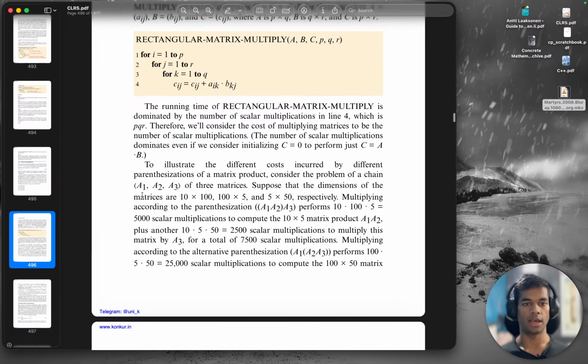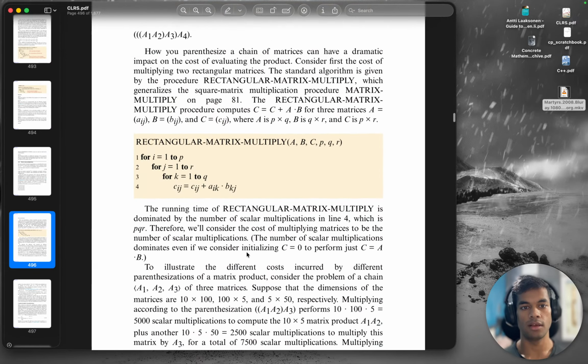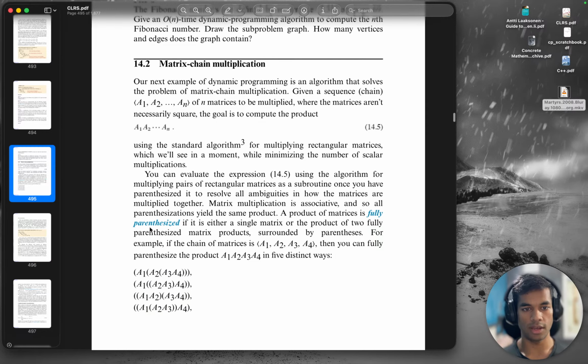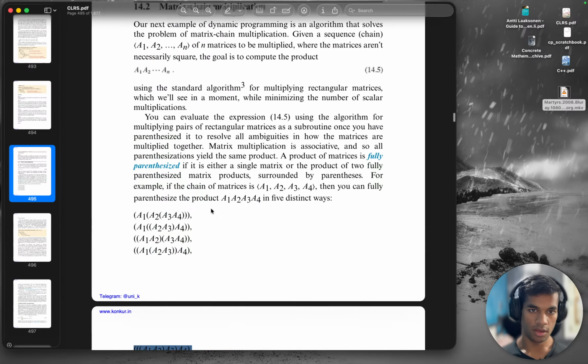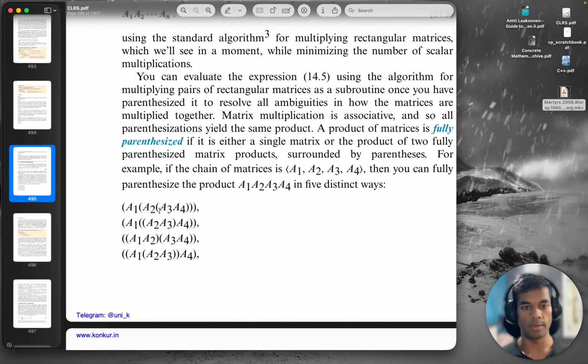So we see that if we change our order of multiplying matrices, we can significantly improve the number of scalar multiplications that we have to do. So we have to figure out a way. How do we decide our order? We decide an order by parenthesizing a matrix. And what is parenthesizing a matrix? A fully parenthesized order of matrices is when you have a singular matrix that is being multiplied by a fully parenthesized matrix.